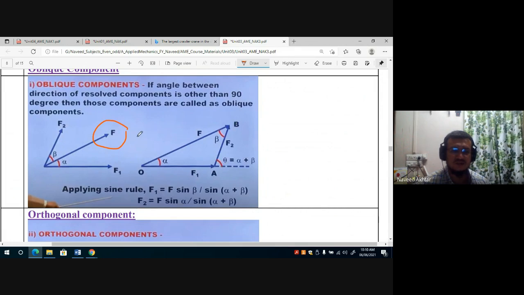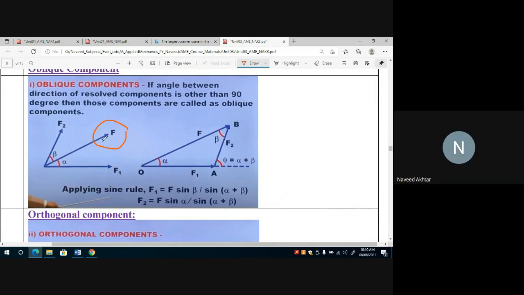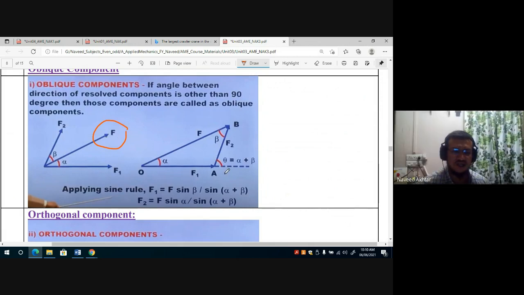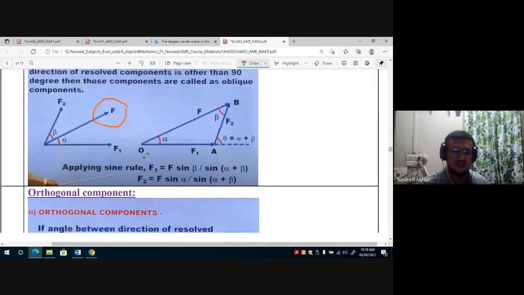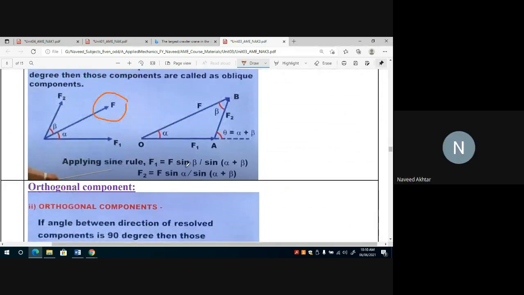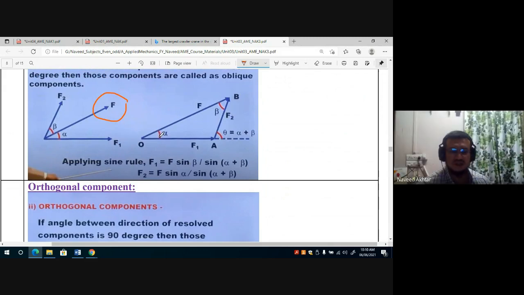This is nothing but F. Applying the sine rule, F1 is equal to F sine beta divided by sine of alpha plus beta. For F2, the opposite angle is alpha, so F2 is equal to F sine alpha divided by sine of alpha plus beta.